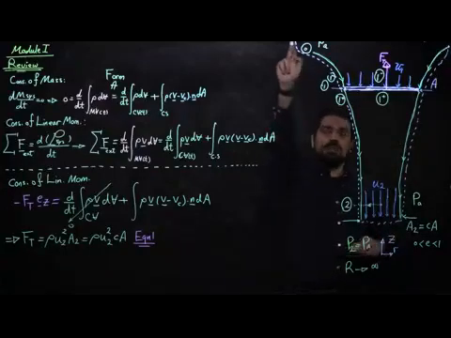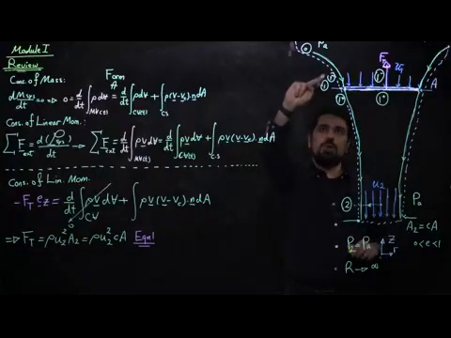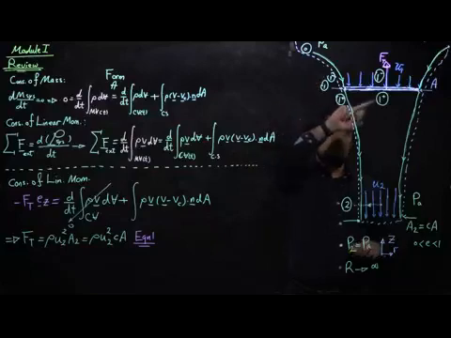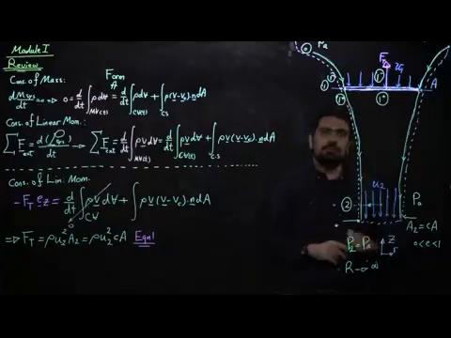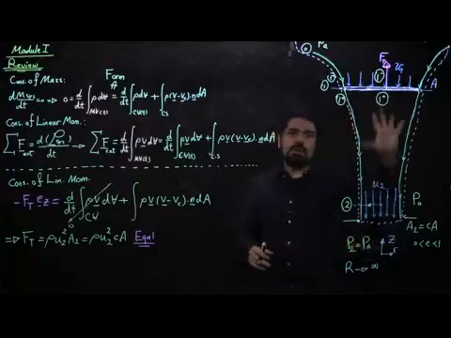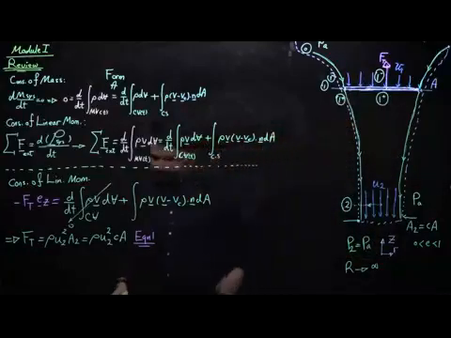So I can certainly use Bernoulli between point 0 and the point right before 1, which I call 1 negative, or between point 1 plus and point 2. I can certainly use Bernoulli between these two pairs of points, and let's do that together.